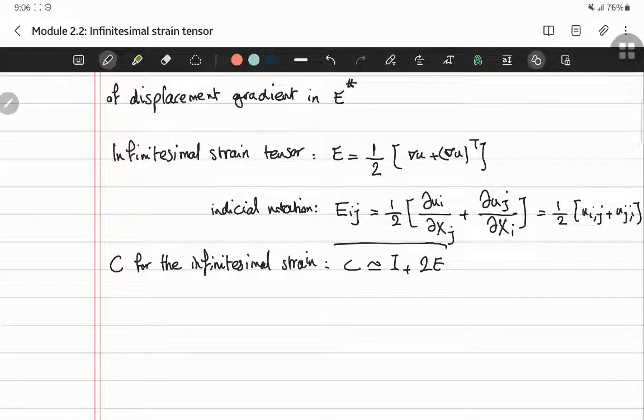Let me just put an angle around it, so we have this in here.